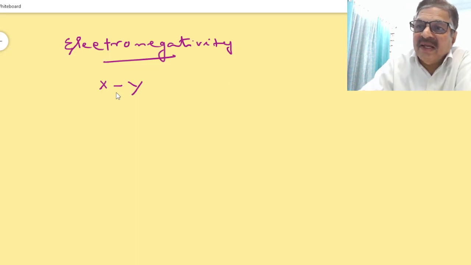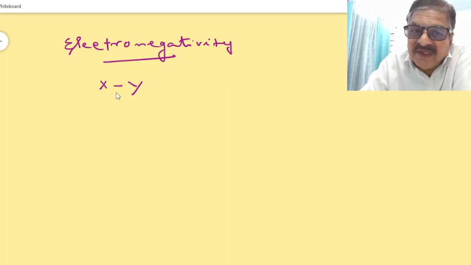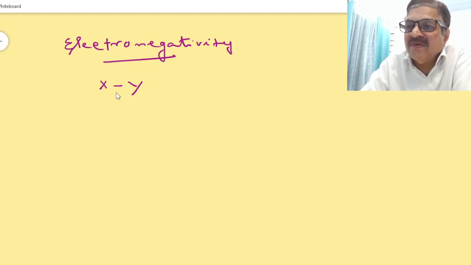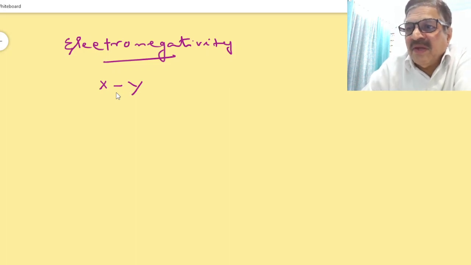Electronegativity means the measure of an atom's attraction for electrons in a bond.